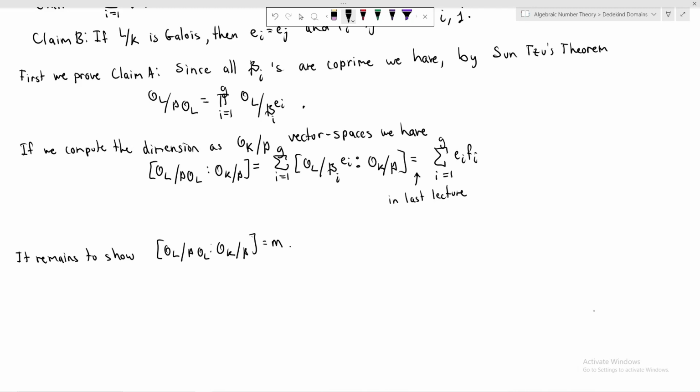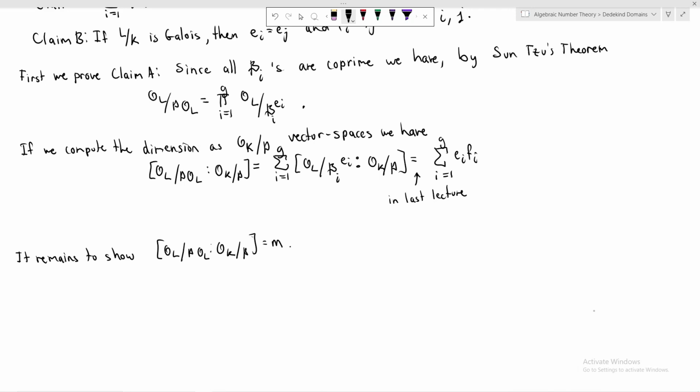And the basic idea is that if you take a basis for O_L over O_K as an O_K module, this basis will basically just immediately descend to a basis on O_L mod P O_L.